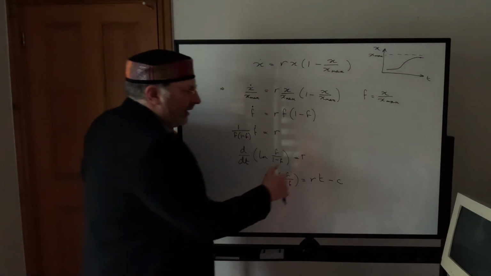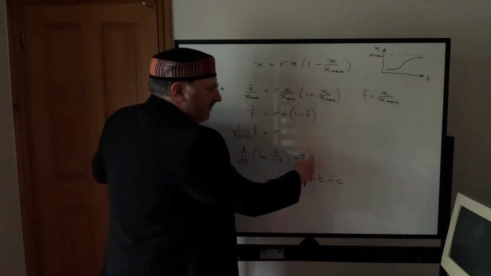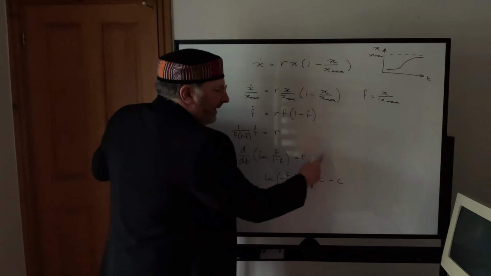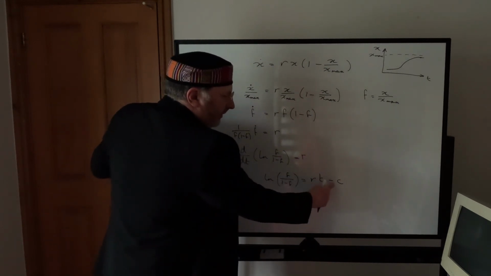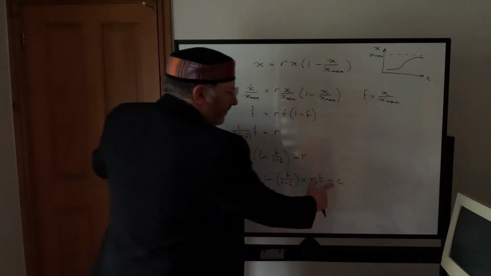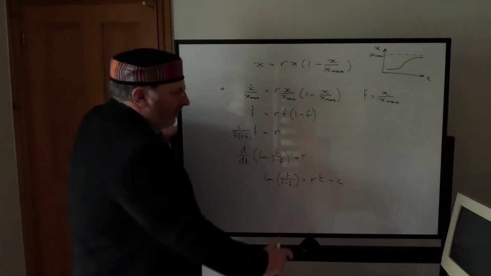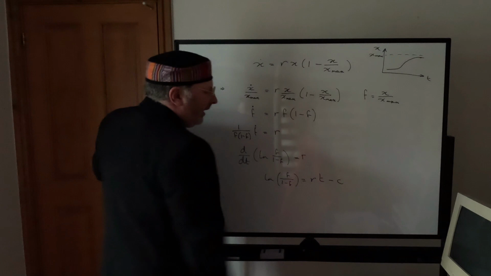We know that r comes from differentiating r times t, and then it's plus a constant of integration, though for reasons that will become clear in just a moment, I put that as a minus sign. So you can see if you differentiate that back, you'll get r.